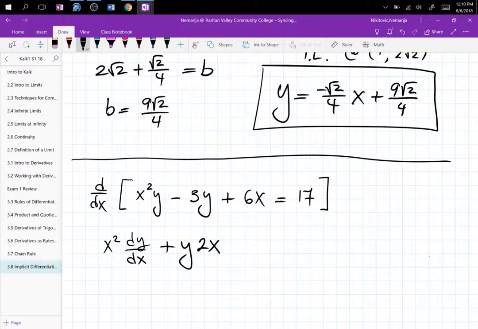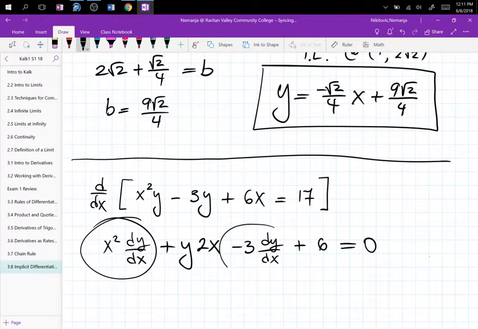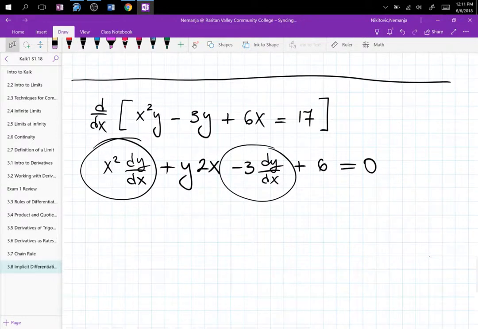The next term for us is to take the derivative of negative 3y. Now, negative 3y is going to be negative 3 and then dy dx. Plus, derivative of 6x is just 6, and derivative of 17 is 0. So these are the derivatives. And now note that I have two terms with dy dx, and I need to write dy dx equals everything else.